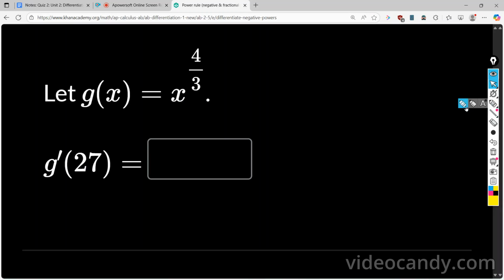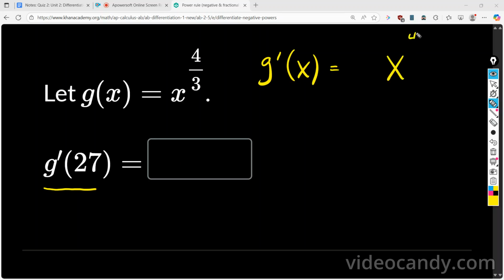So we have g of x equals x to the 4/3. They want us to find g prime of 27. If we were to do g prime of x, we have x to the 4/3. You take that 4/3 and move it out front, so that's 4/3 times x, and the exponent of 4/3 gets decreased by 1.